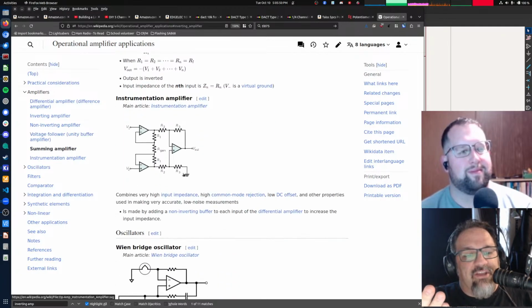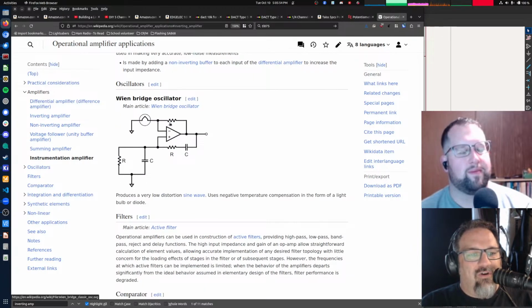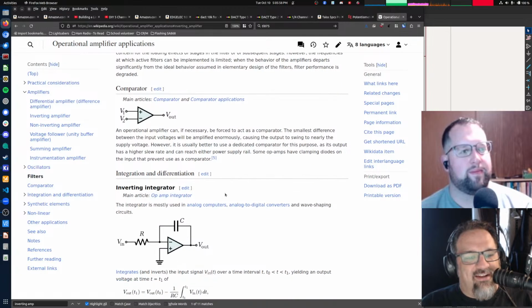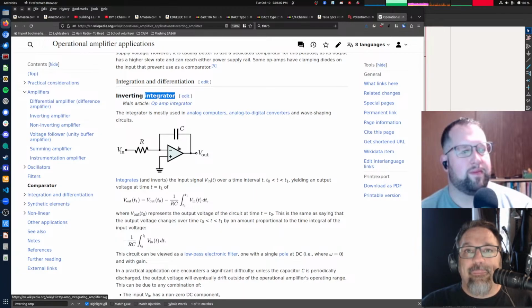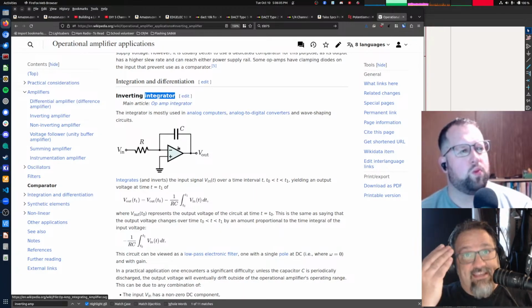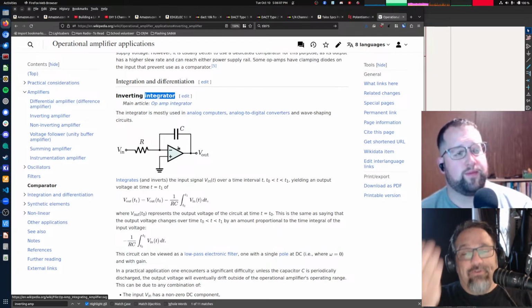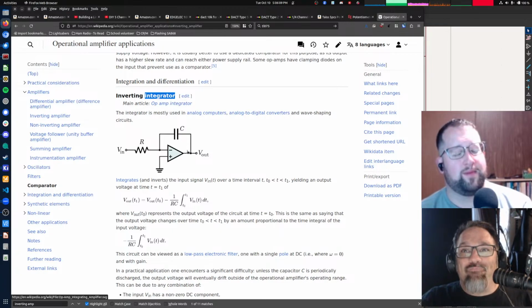Anyway, but yeah, you start getting down into instrumentation amplifiers and Wien bridges and integrators. You can actually use an op amp to perform integrals, like an analog computer, like calculus. An op amp can do calculus for you, right?